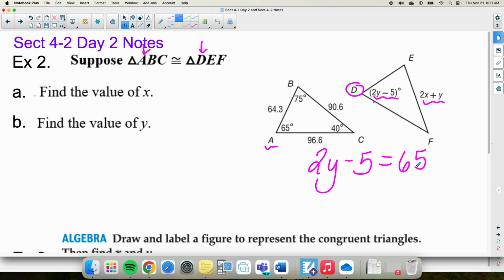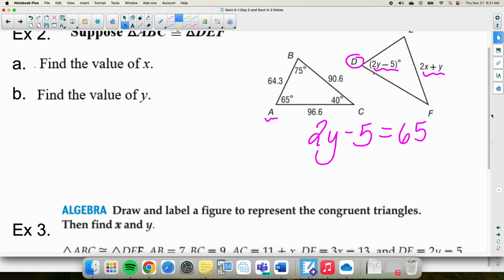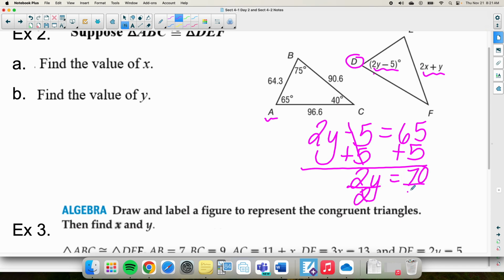That's how we would find our Y. So we would add 5, and I get 2y equals 70, and then divide by 2, and y is 35, okay? So that's one of our answers, and we can put that right here.